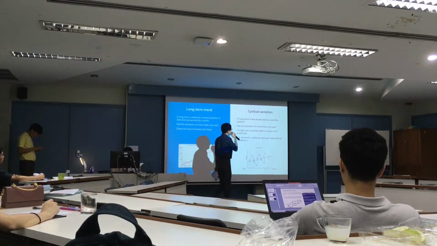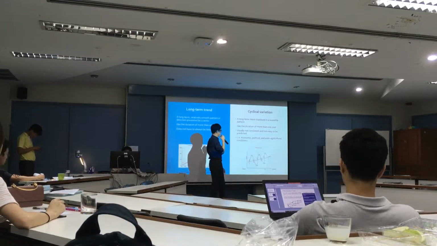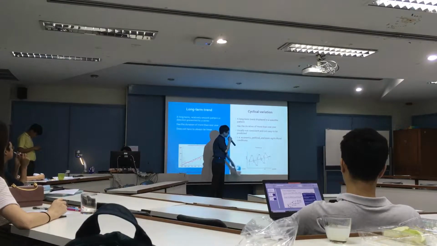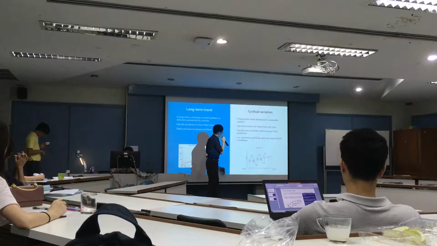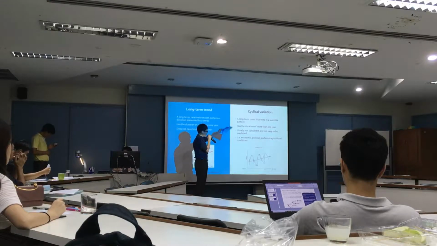The next one is cyclical variation. It is a more obvious trend than this one. The time period is also long term, however the shape of the graph is totally different. Cyclical variation trends up and down, but anyhow, we need to forecast the future.